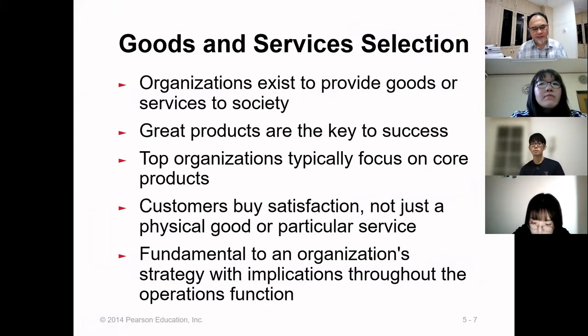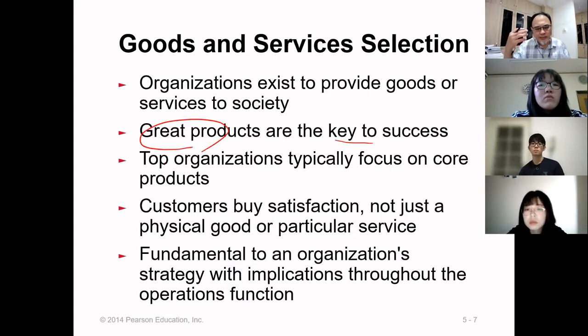Because there is a service, there is a product that we produce, and of course, the key to success is great products. Great product means a product that meets the customers in terms of design, usability, quality, and so on. And companies focus on core products.